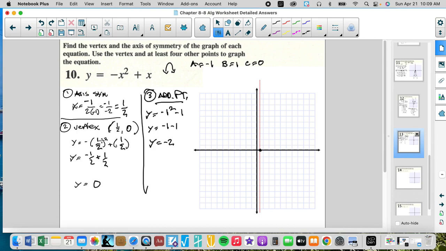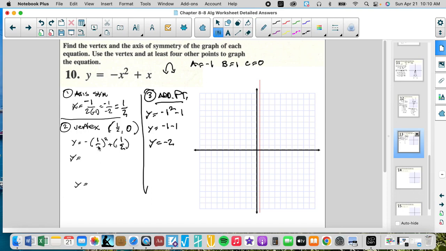And then we have 1/2 squared is 1/4. Minus 1/2. No. Okay. That's wrong. That's where I'm making my mistake.